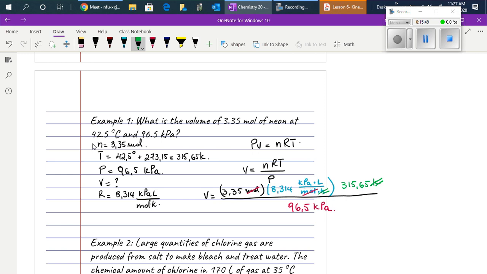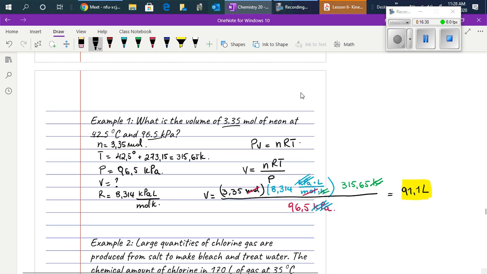Then we have kPa on the top, which means that kPa and kPa will cancel out. So the units will be in liters, and in your calculator we will find that the volume is 91.1 liters. We take into consideration the number of sig digs, which is 3, because the lowest one here is 3.